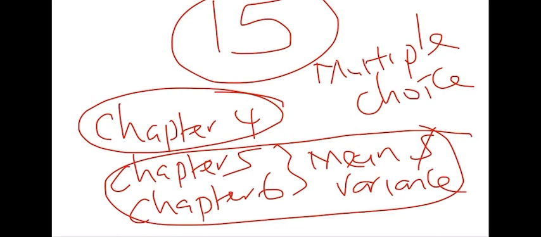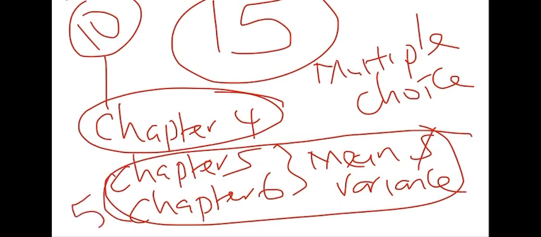Like I said, there's going to be 15 multiple choice. But let me tell you, 10 questions in the multiple choice will come from chapter 4. 10. And only 5 questions will come from chapter 5 and 6.